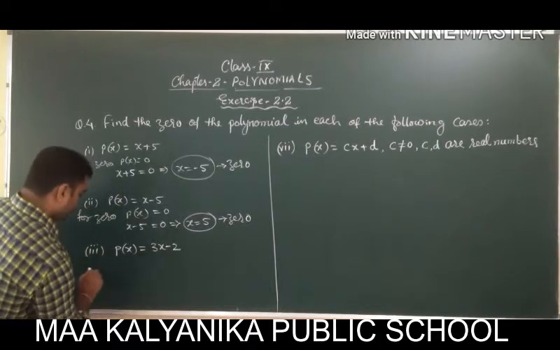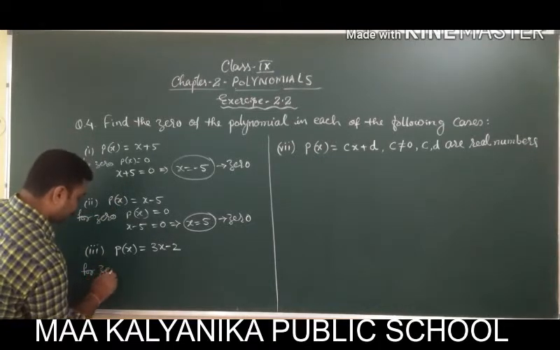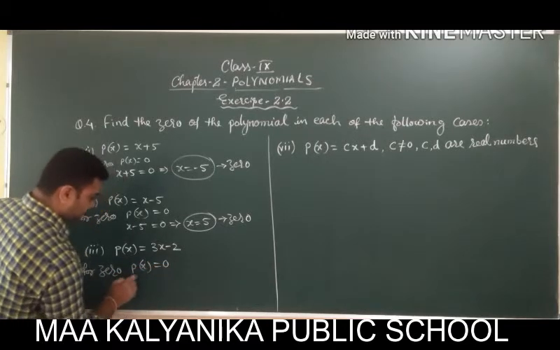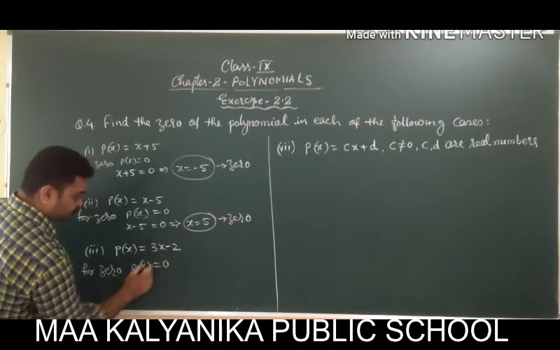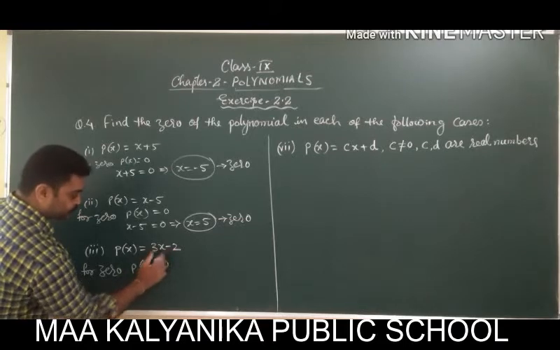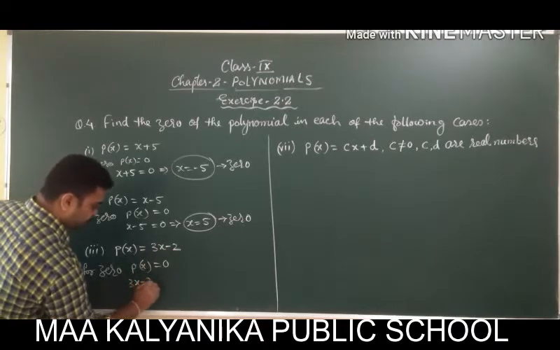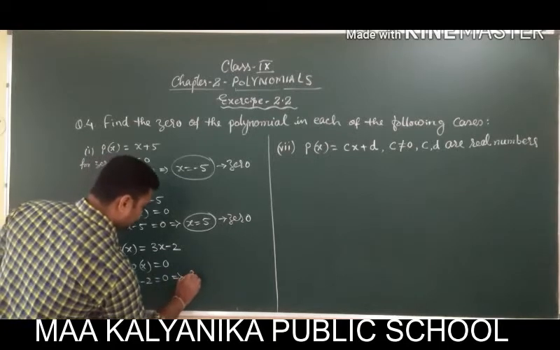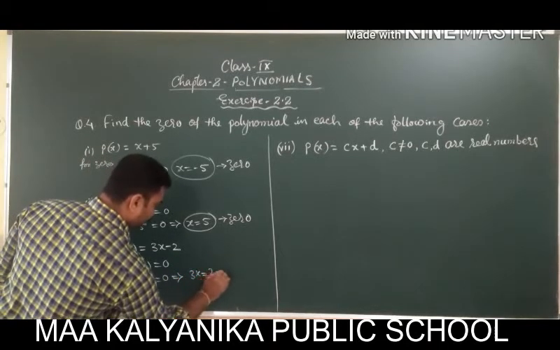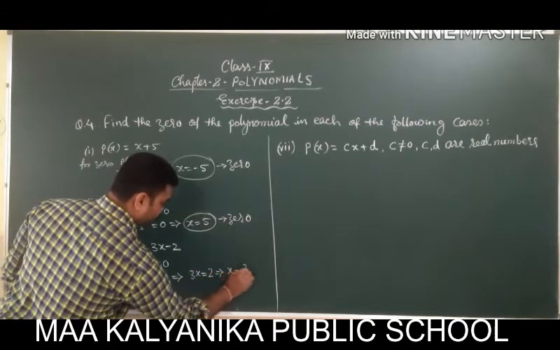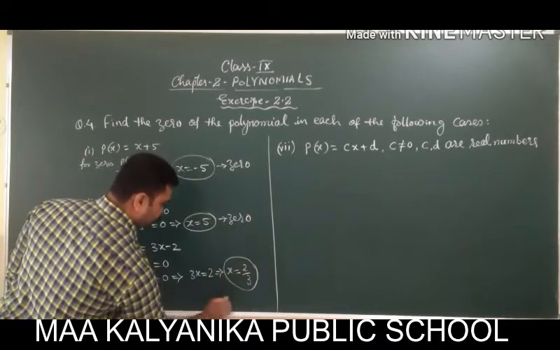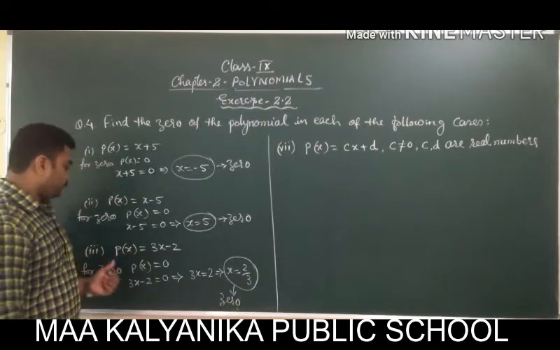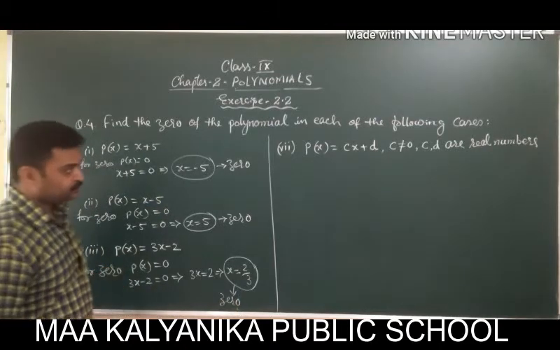Similarly here, again we will write for zero, p(x) must be equal to 0. This implies what we do? This value of p(x) is equal to 3x minus 2. So 3x minus 2 is equal to 0. This implies 3x is equal to 2, and this implies x is equal to 2 upon 3. This 2 upon 3 is the zero of this p(x). Clear?